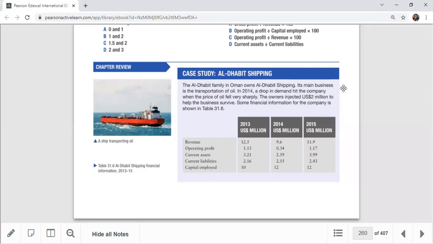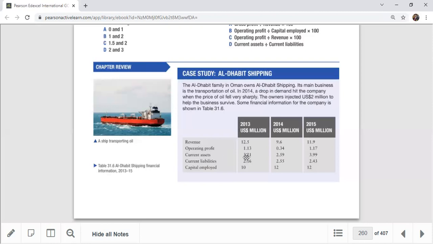The Al-Dhabit family in Oman owns Al-Dhabit Shipping Company, and its main business is transportation of oil. In 2014, a drop in demand hit the company and the price of oil fell very sharply. The owners injected another $2 million to help the business survive. Some financial information for the company is shown in the table. For 2013, 14, 15, you can see the financial figures, revenue, operating profit.